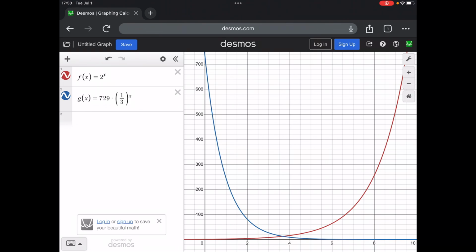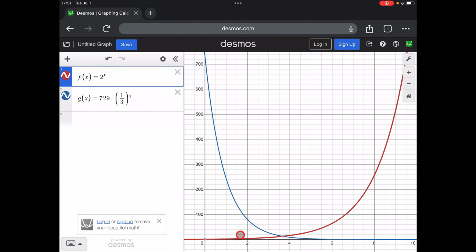When x is 1, the initial value will double and y will equal 2, as you can see on the graph right here. It's kind of hard to line up, but y is equal to 2. If x is 2, you will multiply 2 twice to the initial value and y will equal 4.